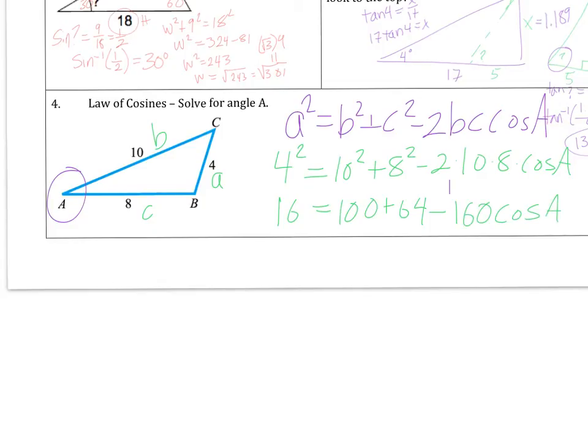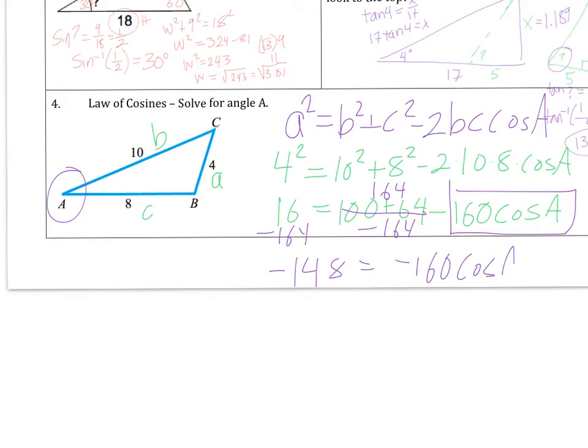Here's where the most common thing to go wrong is. You cannot combine this with the numbers. That's got to stay separate. That's 164 out front. Get a minus 164 to both sides. Negative 148 is equal to negative 160 cosine of A. Now I'm going to divide by negative 160 to get rid of that.